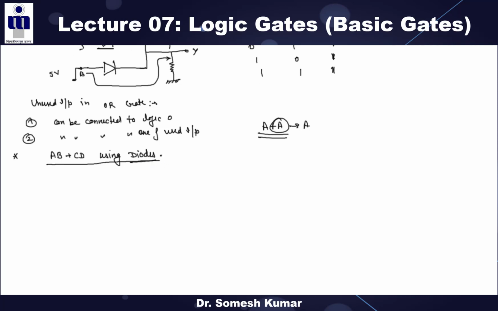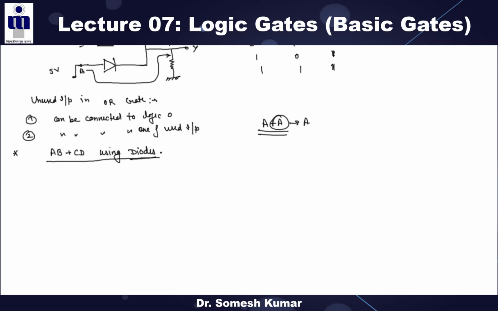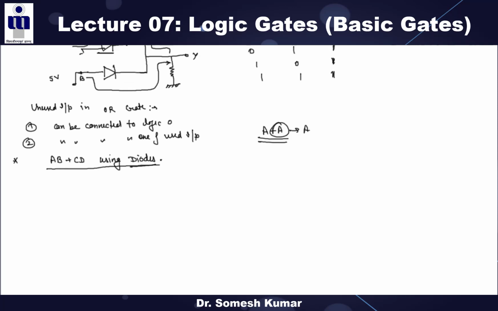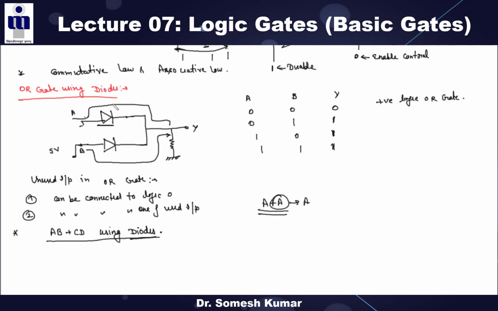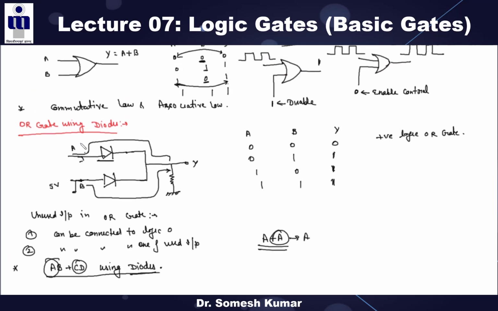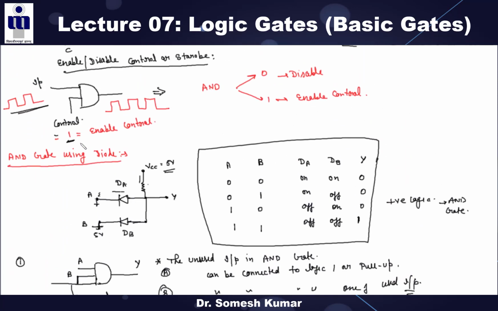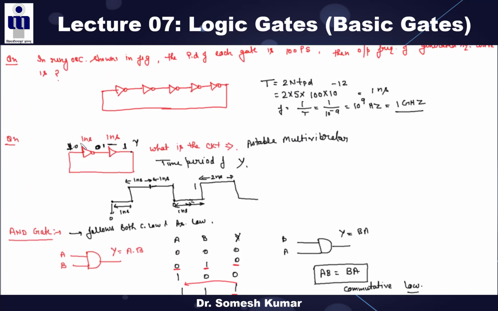So first you can design AB individually, CD individually, right? And then combine those with an OR gate, right? Means both the outputs, this first output and second output, are given to its inputs, right? It is very easy, right?